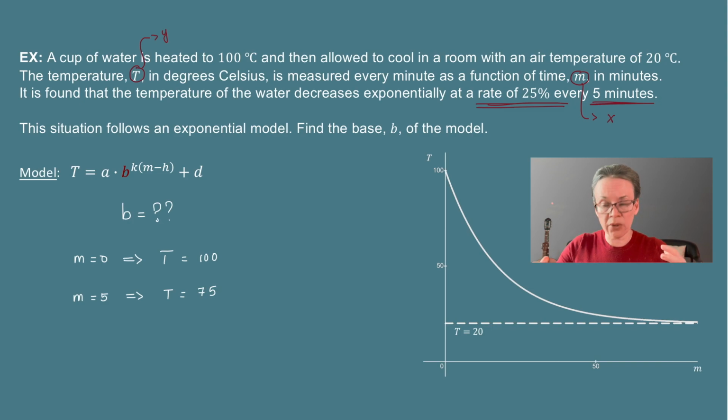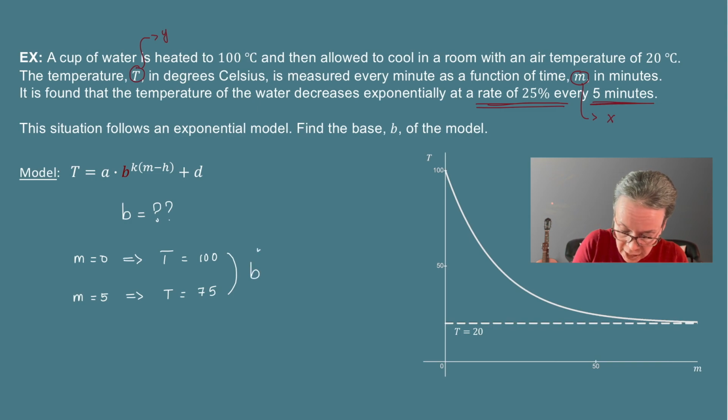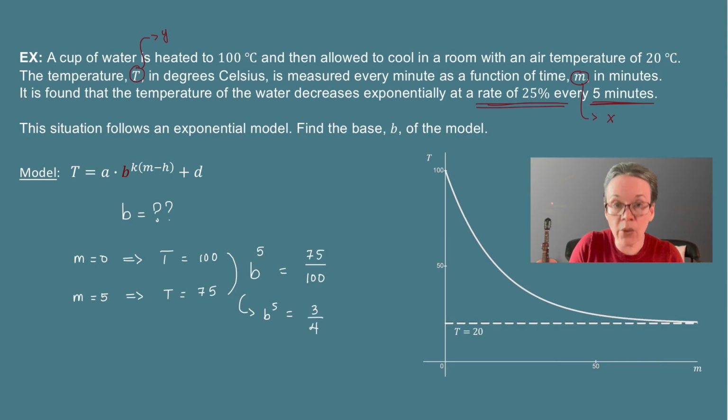So I can already trust the relationship, the idea of a fixed ratio. I already know that from here to here, I'm involving 5 steps. So the base, whatever the base is, b to the 5th is going to be the fixed ratio. And b to the 5th will be the ratio formed by taking 75 and dividing it by 100, which really means that b to the 5th will be 3 over 4.